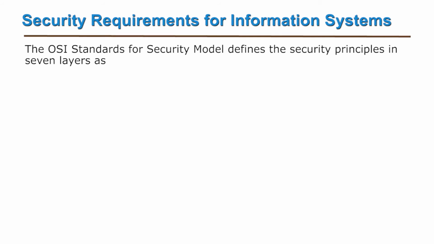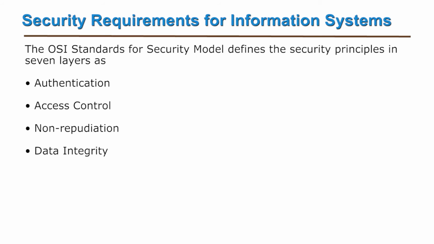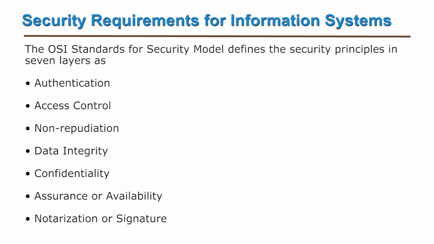On the other hand, the OSI standards for security model defines the security principles in a 7-layer form. They are authentication, access control, non-repudiation, data integrity, confidentiality, assurance or availability, finally notarization or signature.